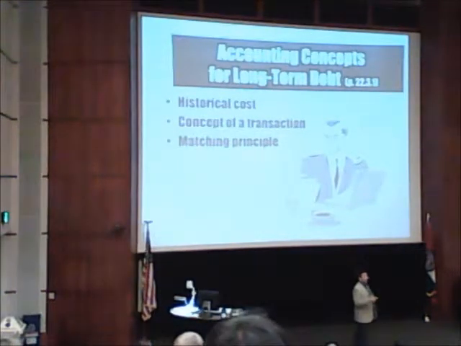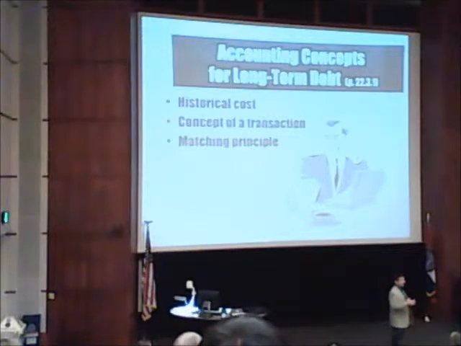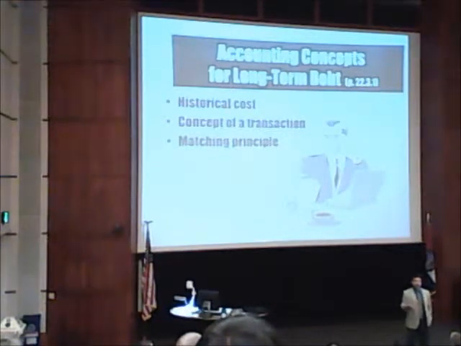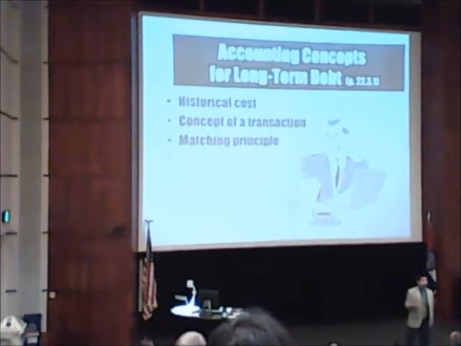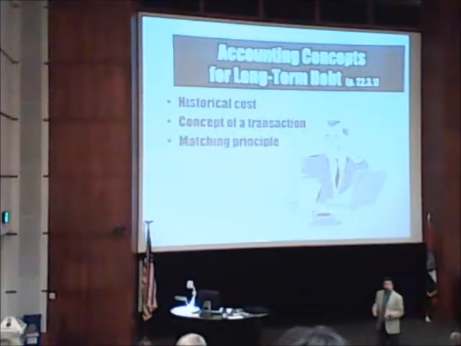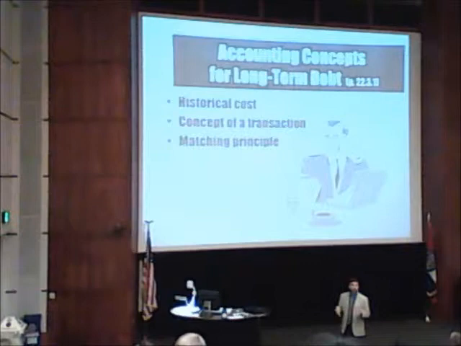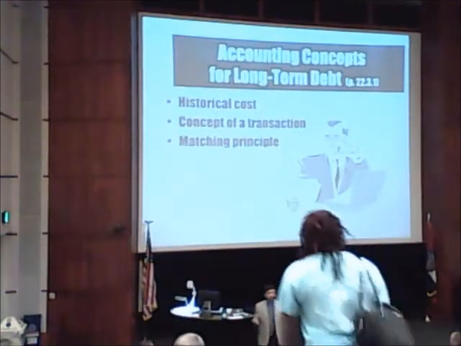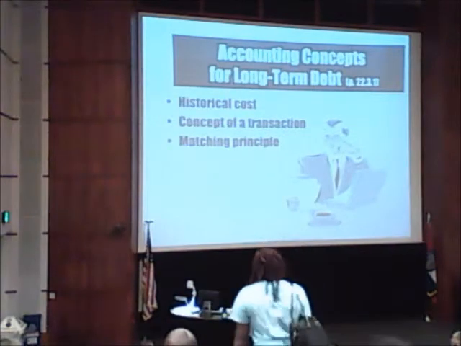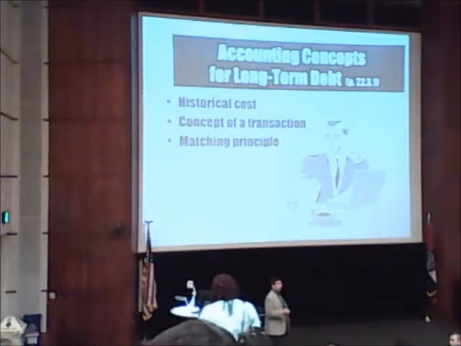The second item says the concept of a transaction. If you think about your credit cards that you have in your pockets, your credit cards are not debt unless you use them. If you've got a credit card and you never swipe it to buy something, you don't have debt. What you've got is called a line of credit.